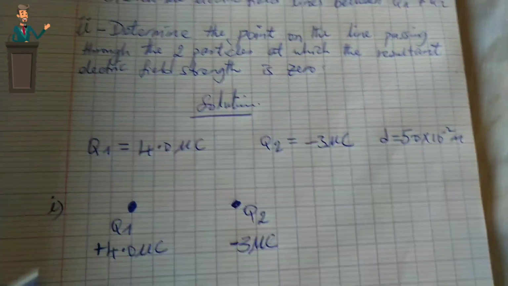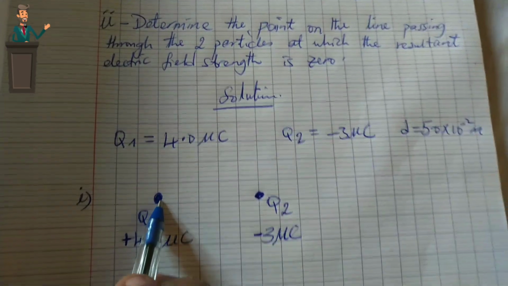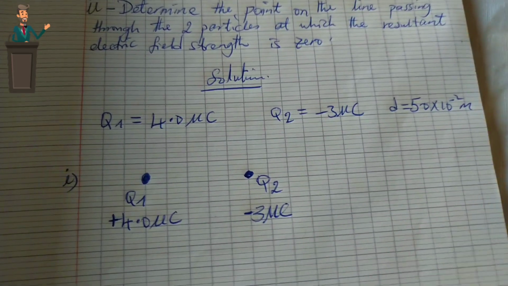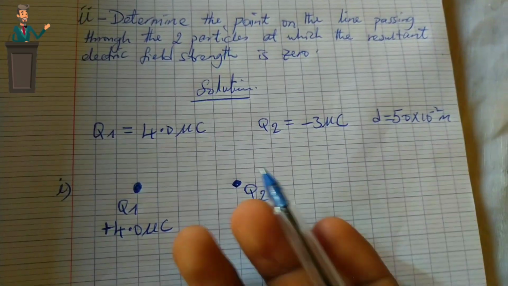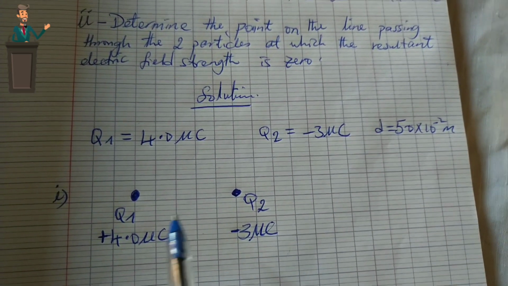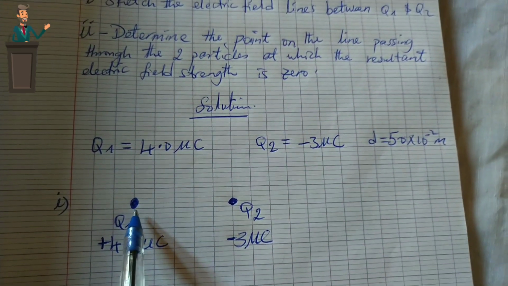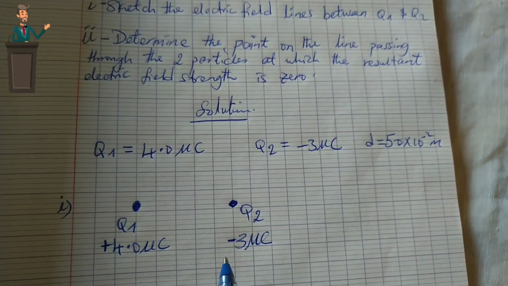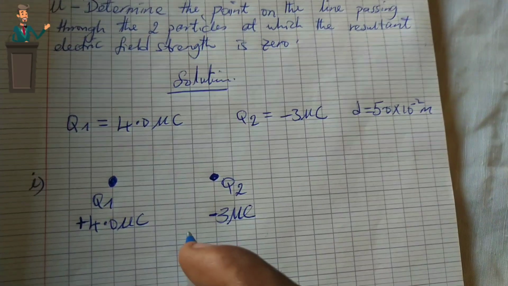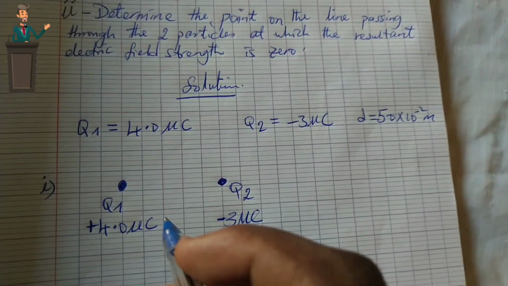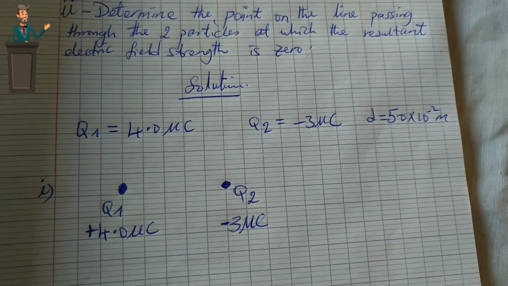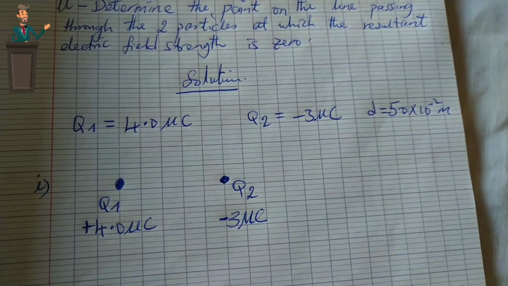Now given that the first charge Q1 is positive and the second charge Q2 is negative, we can use this principle to indicate our field lines. We can use the principle we know already, that for the electric field, the electric field lines are generated from the positive charges and terminated at the negative charges.